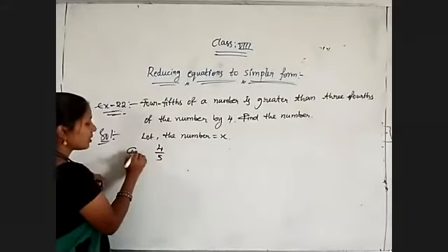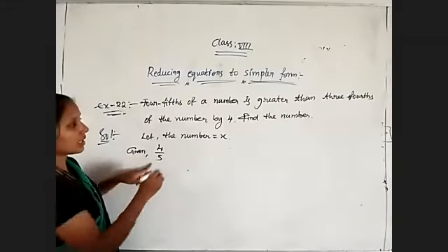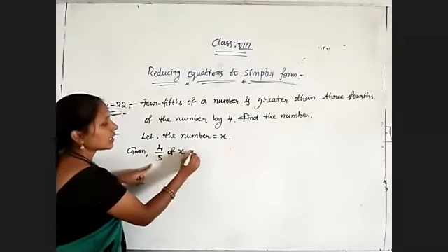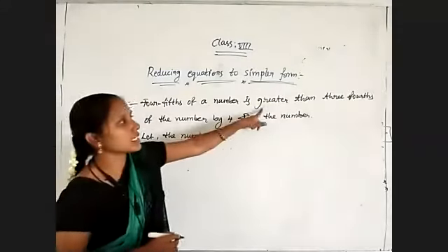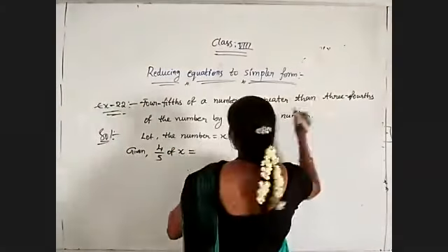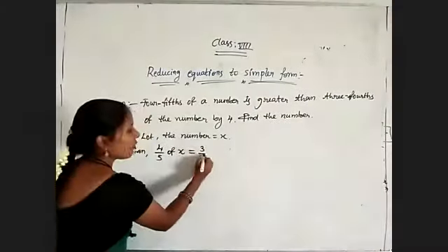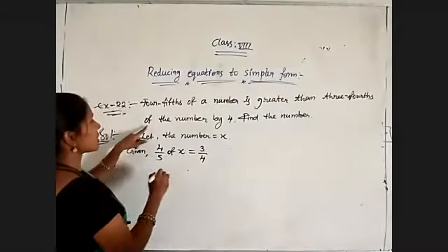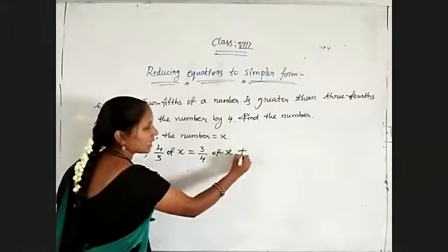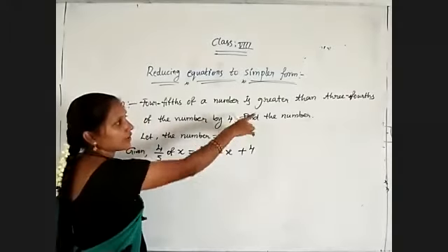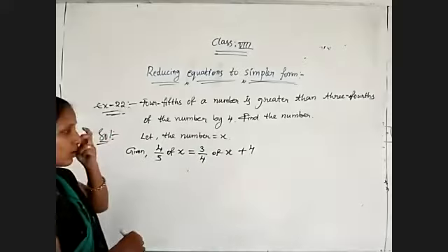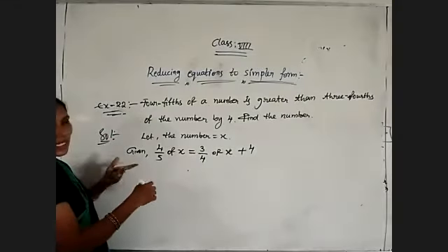So given 4/5 of a number, that number we have taken as X. 4/5 of X is greater than 3/4 of the number by 4. Greater than means plus. By how much greater is it? By 4. Now bring the X terms to one side and simplify.